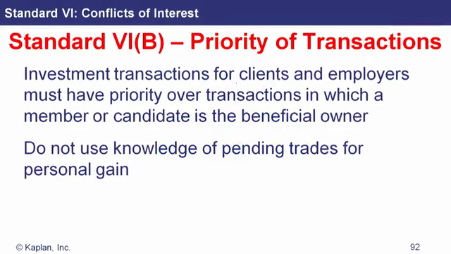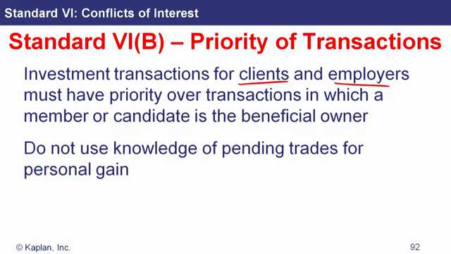That is to say, look, if you're trading for yourself, or you're a beneficial owner, which means that you're going to benefit, whether directly or indirectly, so your spouse is going to benefit, your parents are going to benefit, those types of things, then that trade is going to have a lower priority than trades for clients and employers. Again, we have this hierarchy that puts clients first, then employers, and then you and I at the bottom of the heap.